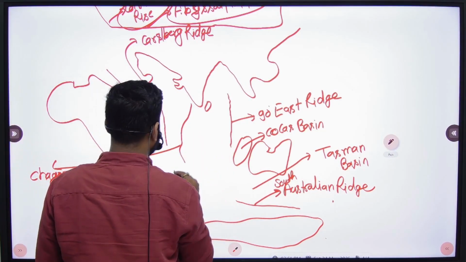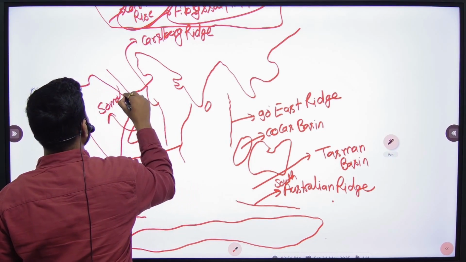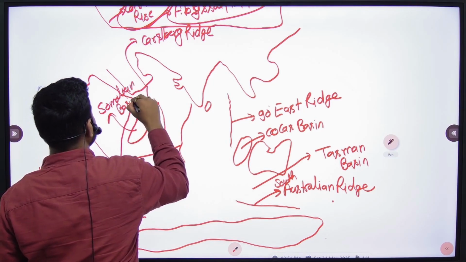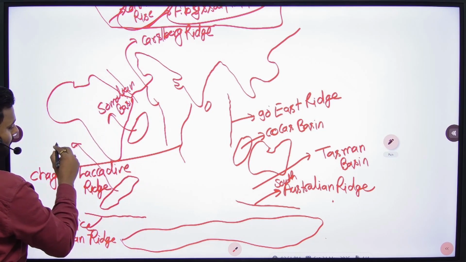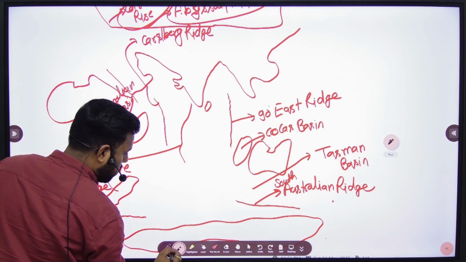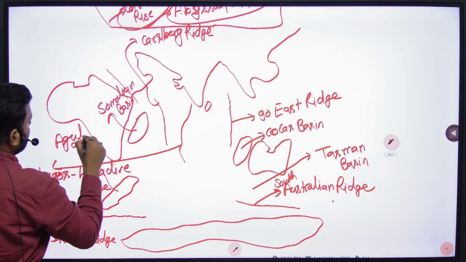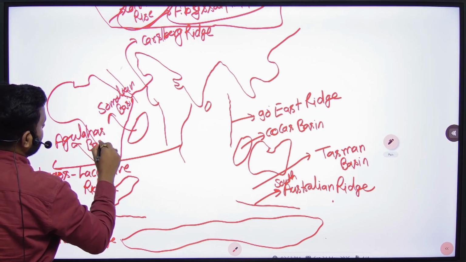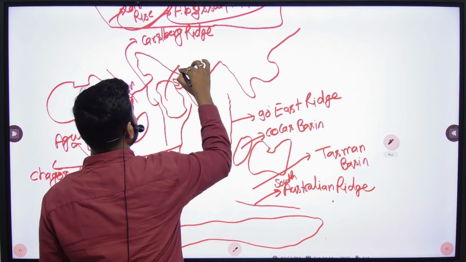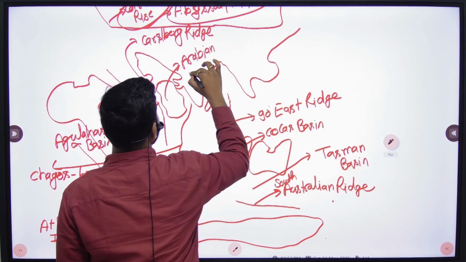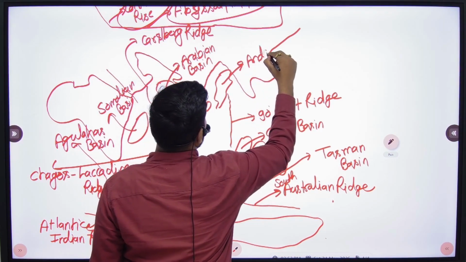Here there is another basin known as the Somalian Basin, another known as the Agulhas Basin, another known as the Arabian Basin, and another known as the Andaman Basin.